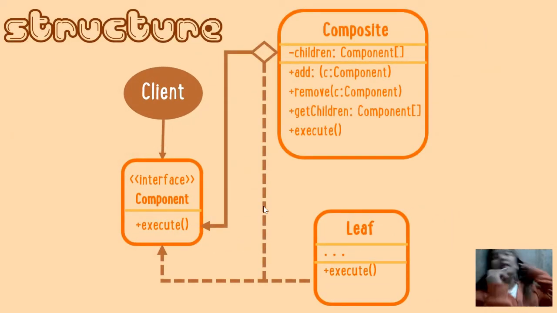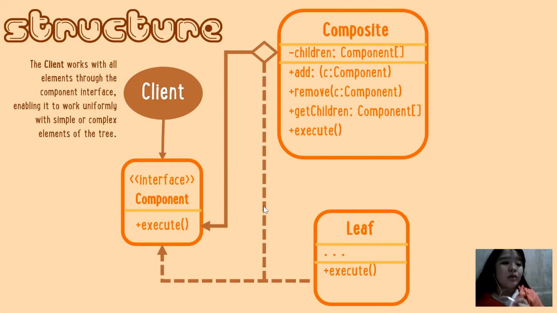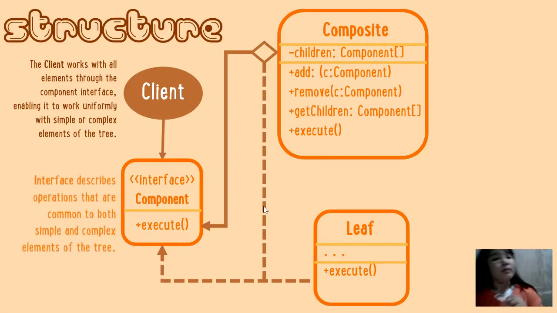Now, let's further explain this basic structure that we came up with. The client works with all the elements through the component interface, enabling it to work uniformly with simple or complex elements of the tree. The clients are the users that use the app and send commands to the program that we're trying to execute.